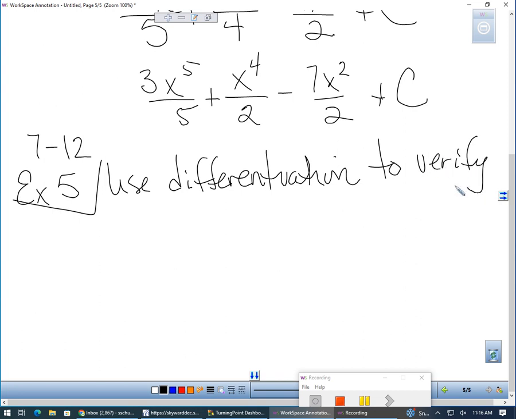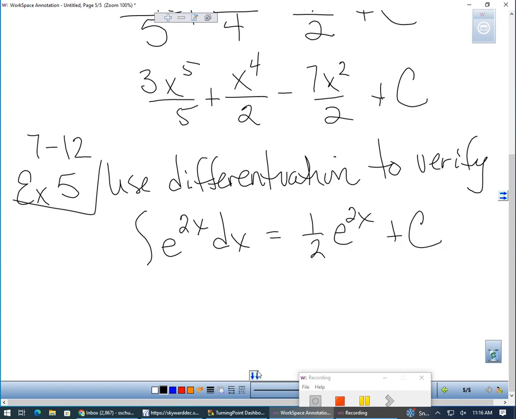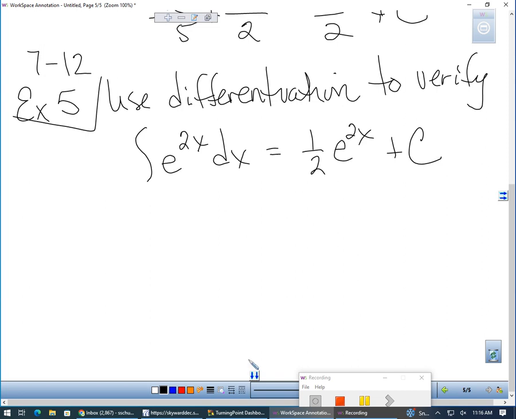So for example, if I have the integral of e to the 2x dx, I want you to show that that equals 1/2 e to the 2x plus c. It says to use differentiation, which means it wants you to take the derivative of the right-hand side to see if you get the left-hand side.